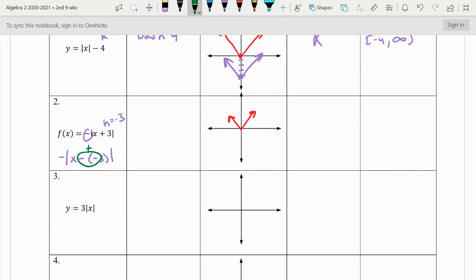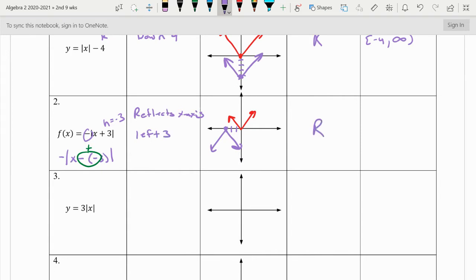That means it moves to the left. So I'm going to go left 3 units, 1, 2, 3. There's the vertex, and it's going to open downward because it reflected by the negative. So it reflects on the x-axis, and then it moves left 3. And that's what we drew here.